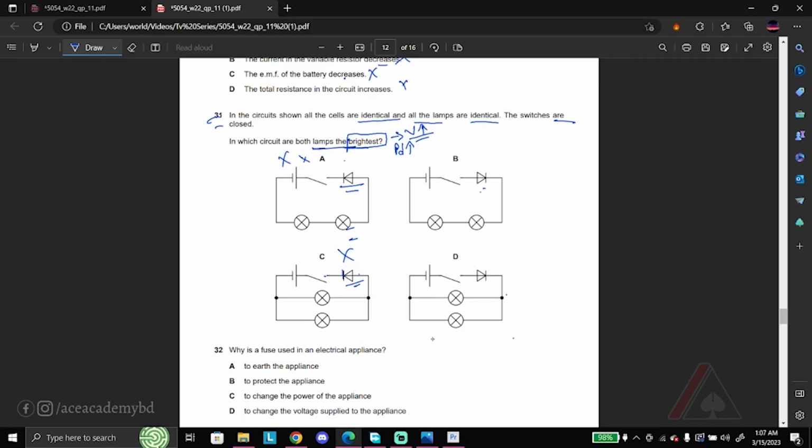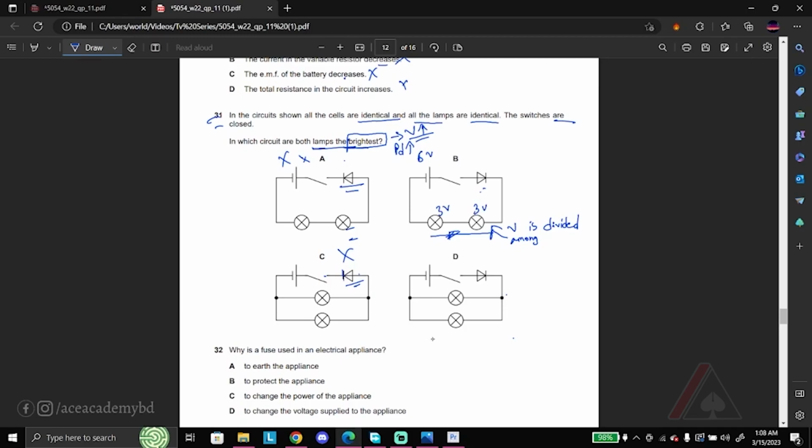So in B we can see this is a serial connection. In a serial connection of components in a circuit, the voltage V is divided among the components. So if the total EMF was 6 volts, then this could have been 3 volts and also these 3 volts.